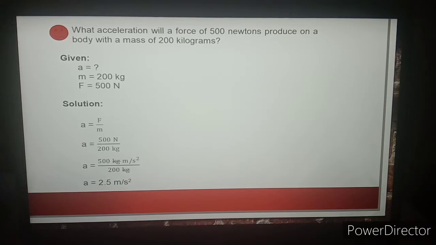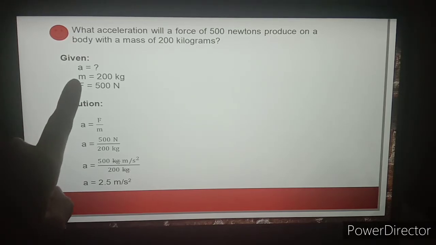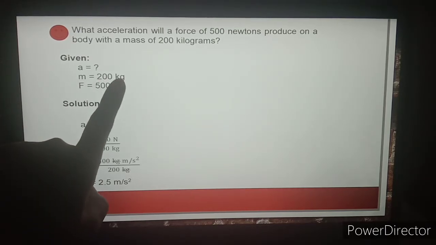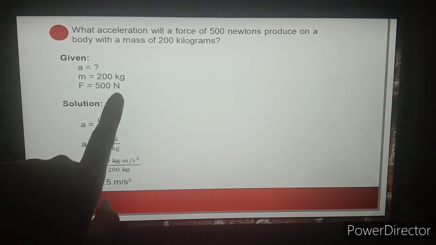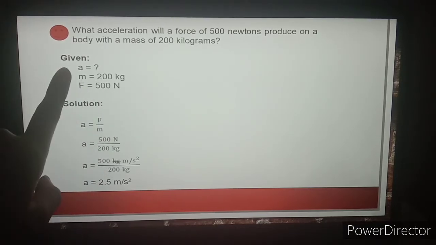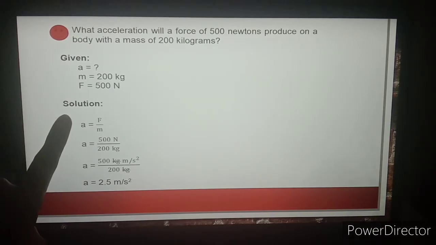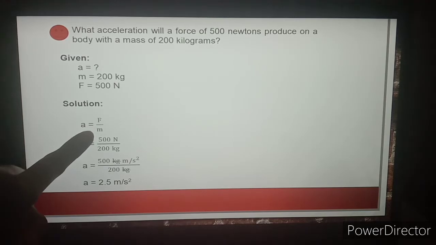Alright, so in this word problem, the given are the mass, which is equal to 200 kilograms, and the force, which is equal to 500 Newton. And we are looking for the acceleration. So, derive the general formula, F is equal to m times a. We will derive it as acceleration is equal to F over m.